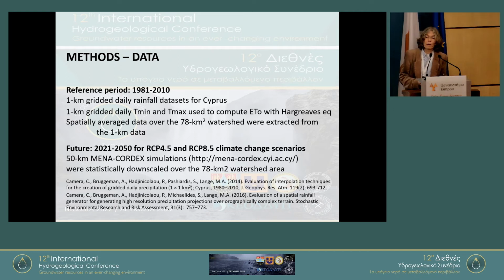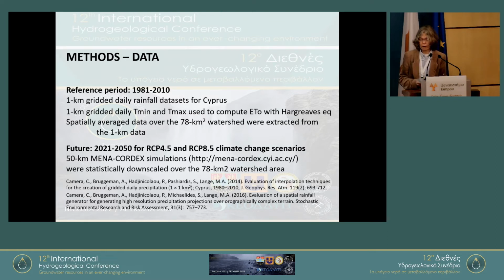The reference period is 1980 to 2010, which is used for the bias correction and downscaling of the climate data. We made 1 kilometer gridded daily rainfall data sets for Cyprus with Corrado Camera.